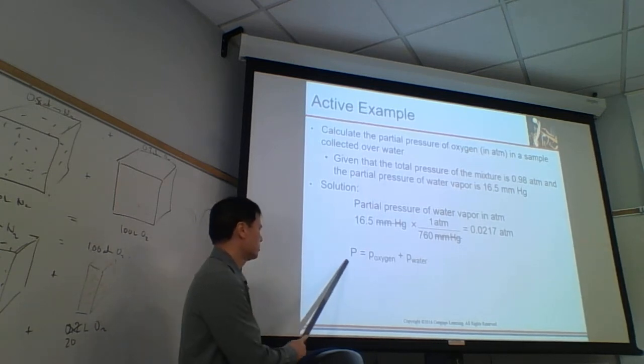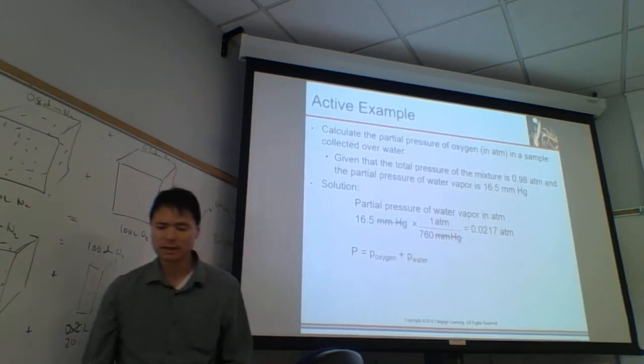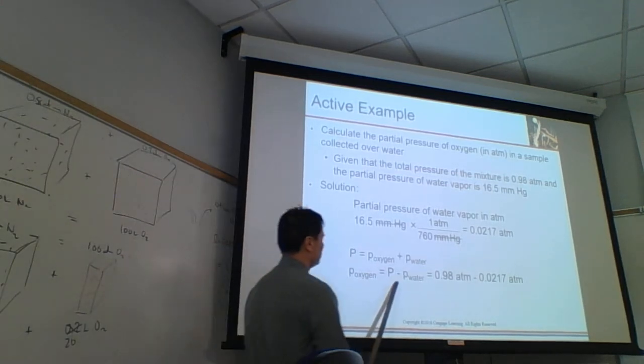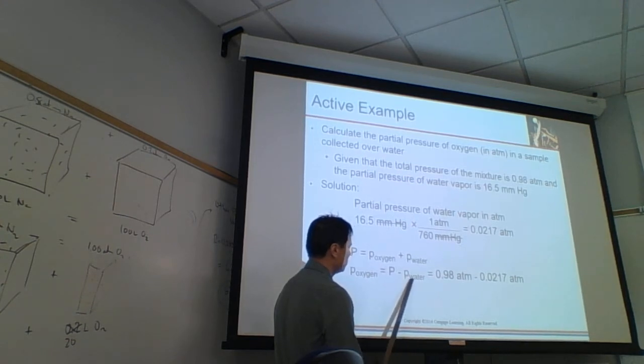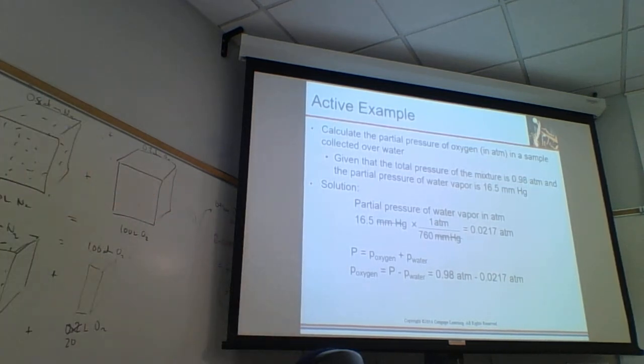Now the total pressure is going to be the pressure of the oxygen plus the pressure of the water that's contaminating the oxygen, humidity. Therefore, if we solve just for the pressure of the oxygen, the pressure of oxygen is going to equal the total pressure minus the pressure of water. It comes out 0.96 atmospheres.